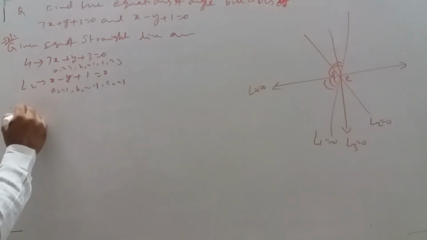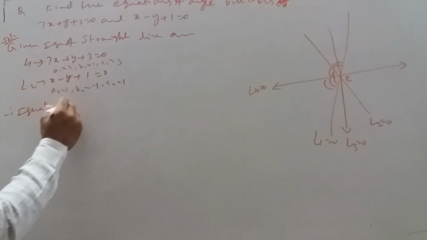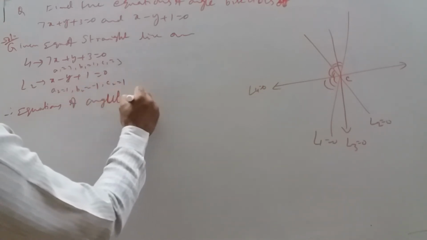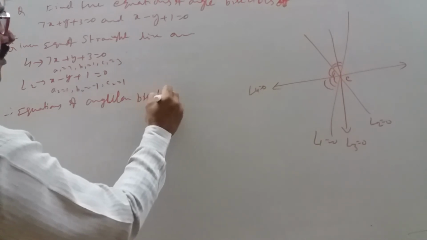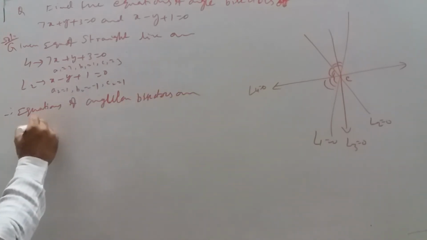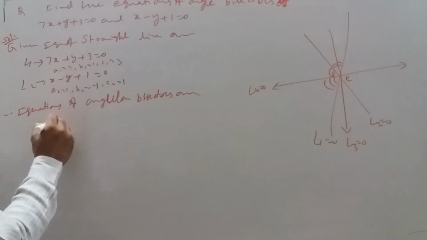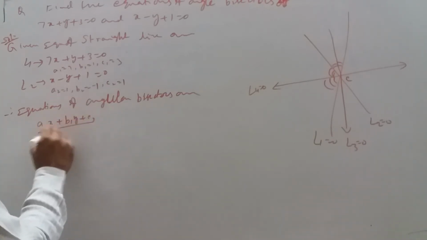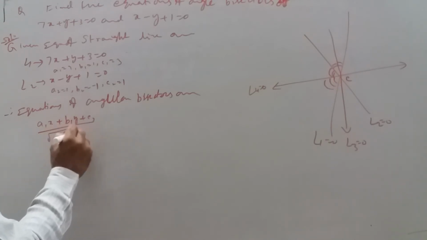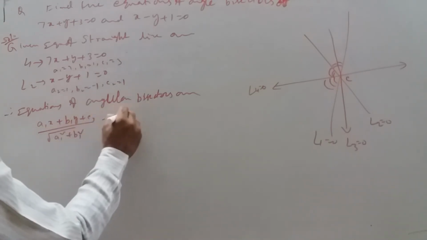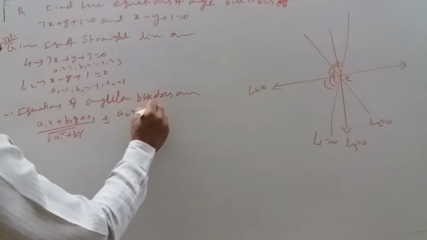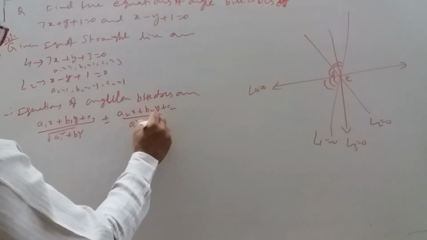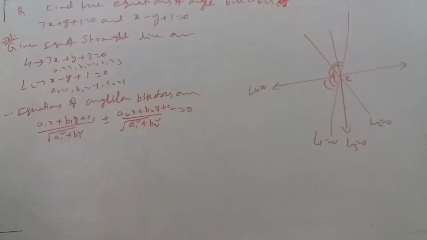Therefore, the equations of angular bisectors are (a1x + b1y + c1)/root of (a1 square + b1 square) plus or minus (a2x + b2y + c2)/root of (a2 square + b2 square) is equal to 0.